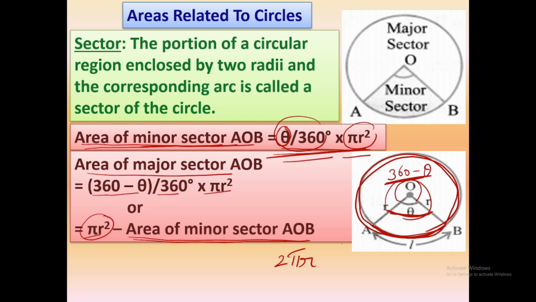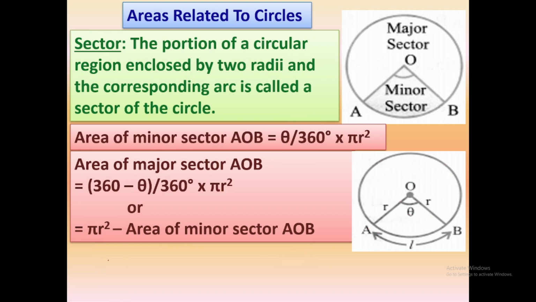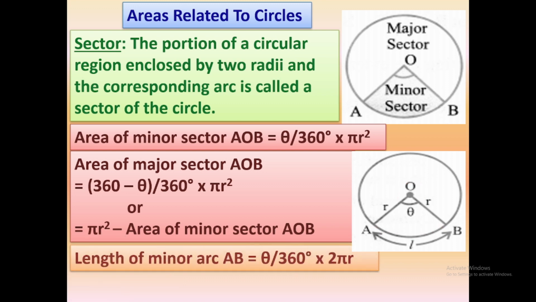In the same way, to find the length of the arc, we should know that the corresponding angle of this length of the arc is theta, and this theta of the whole, that is theta upon 360 into 2 pi r. So this will be your length of the minor arc. Theta upon 360 into 2 pi r is the length of the minor arc.